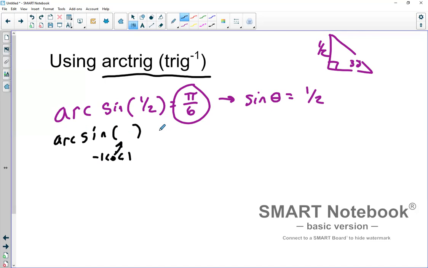And I just want to explain why. Let me start again. Arcsine, what's inside has to be -1 to 1. The result, the answer, or you could think of it as your range, is going to be from negative pi over 2 to pi over 2.